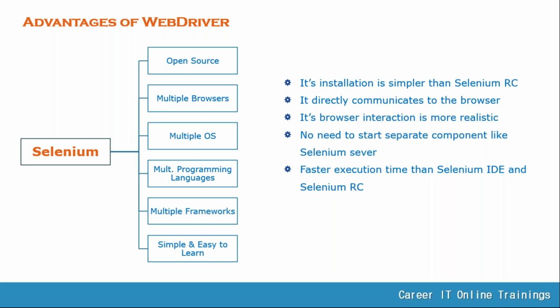If you are good at one particular language like Java or Python, you can start your Selenium automation using that language. It also supports multiple frameworks, guys, like JUnit or TestNG for unit testing, and other types like hybrid frameworks, or even Cucumber itself, which is one of the frameworks available.